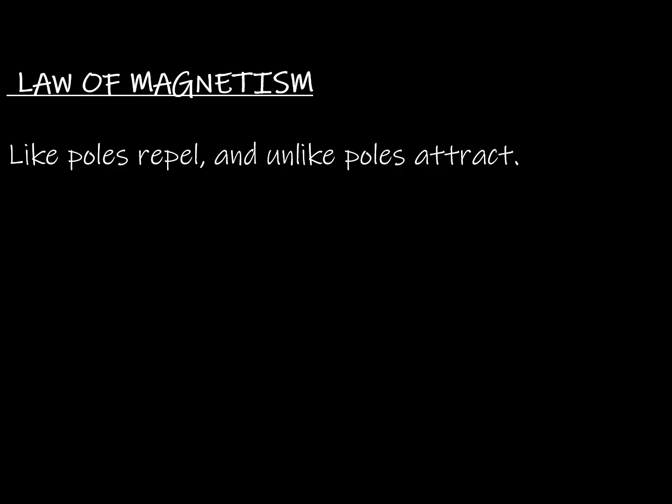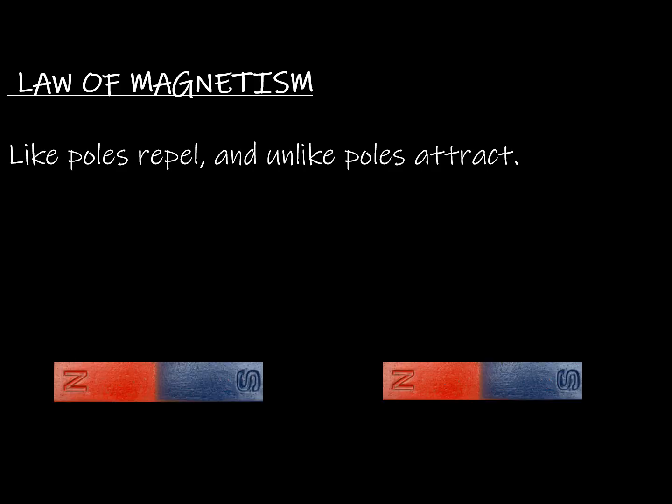Our next is the law of magnetism, which says like poles repel and unlike poles attract. As an example, let's take these two bar magnets. This is the north pole and this is the south pole. This is the north pole and this is the south pole. When this north pole and this north pole come close to each other, since they are like poles, they'll repel.